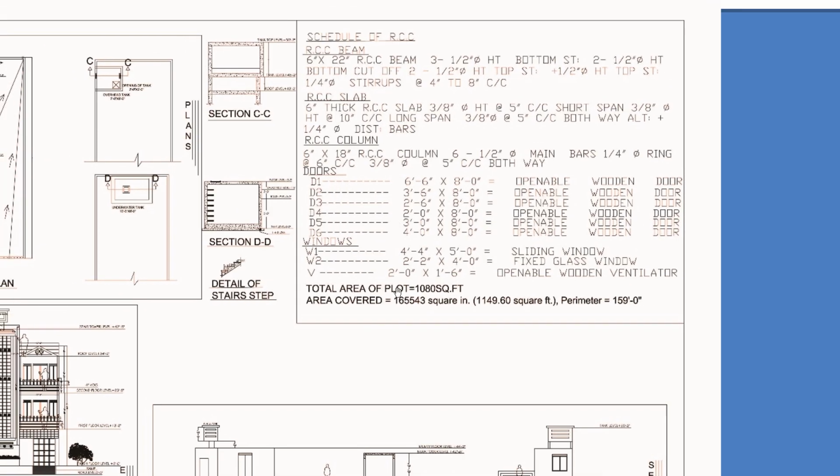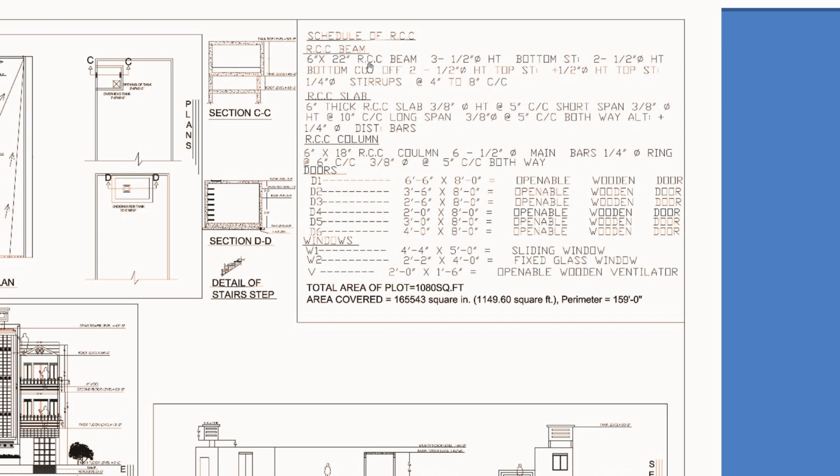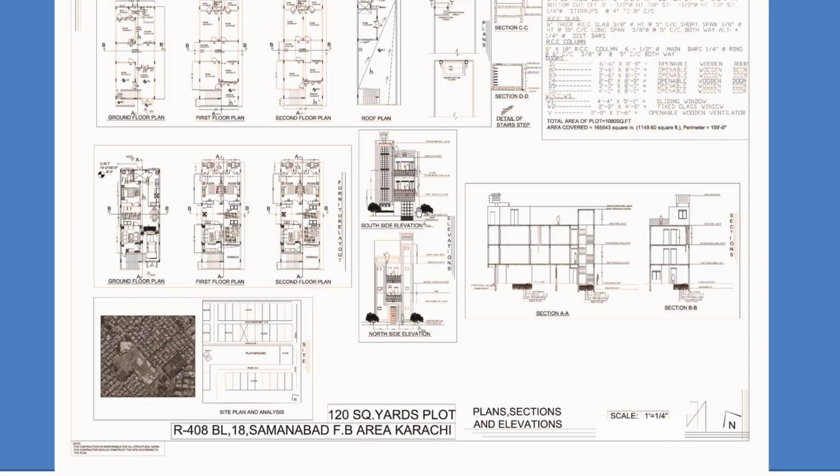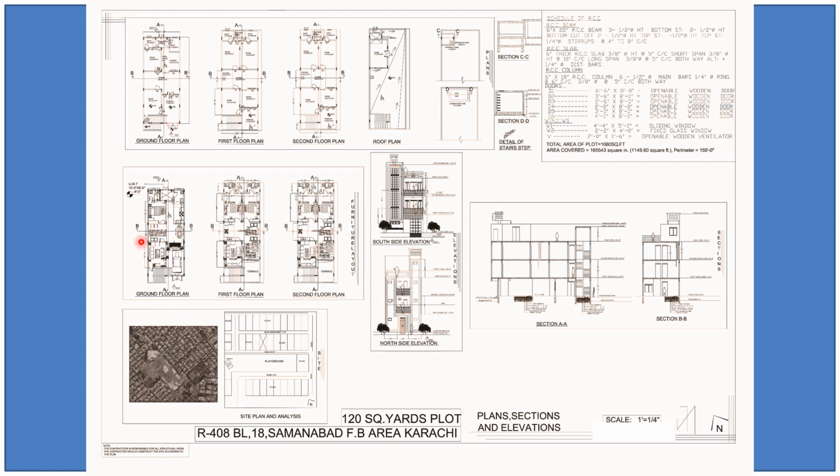And here is a schedule of how many beams, slabs, column details, door openings, window openings. You also have to mention the total area of the plot and total covered area. So you should provide this information in the submission drawing.